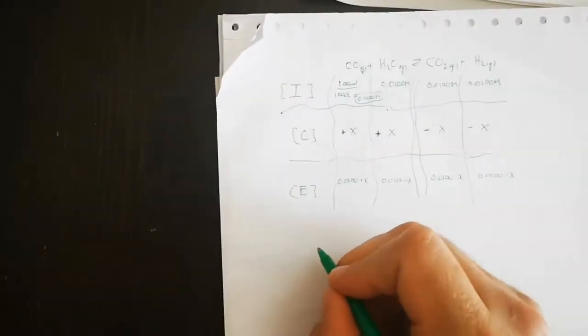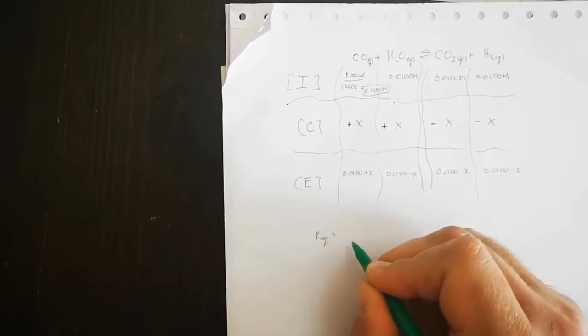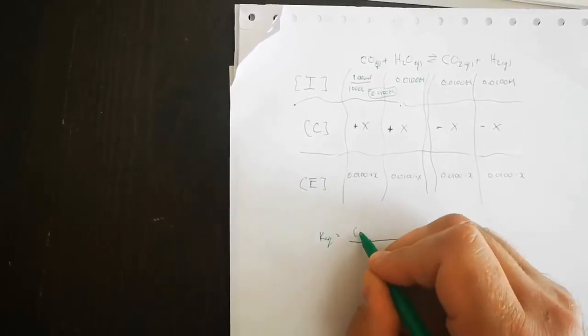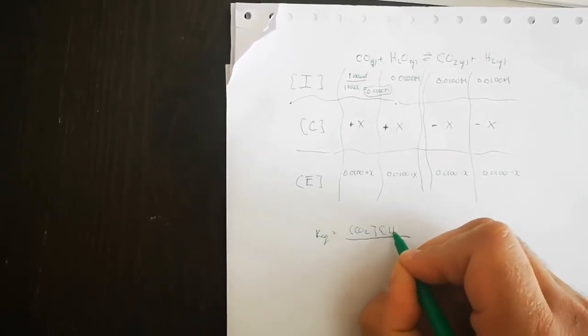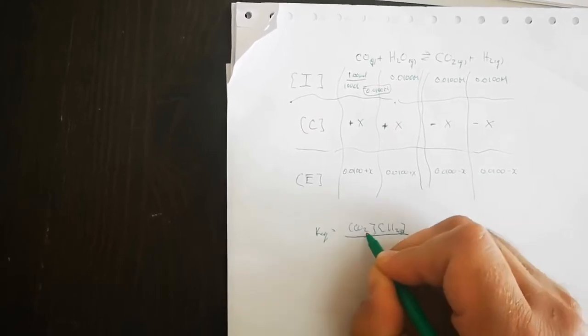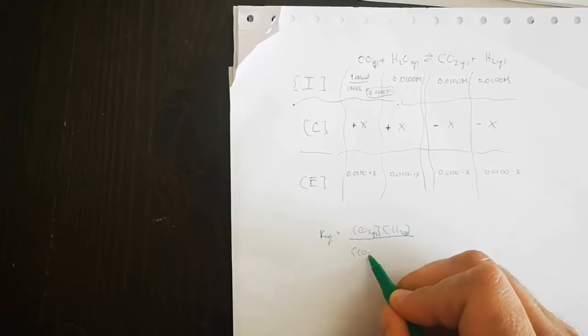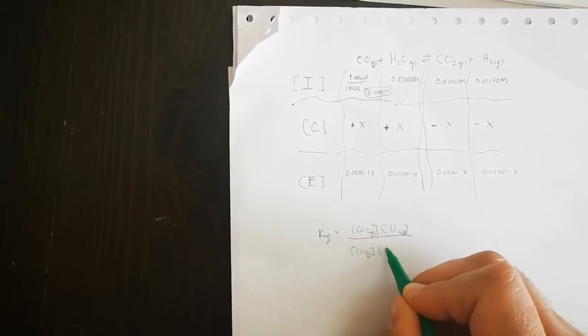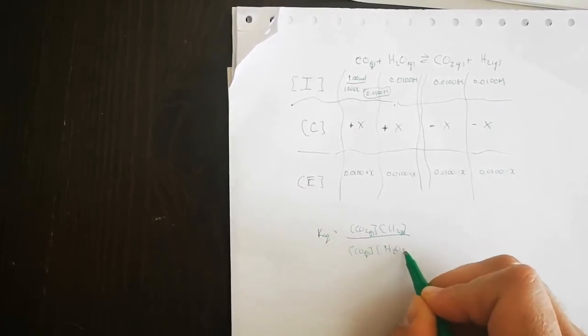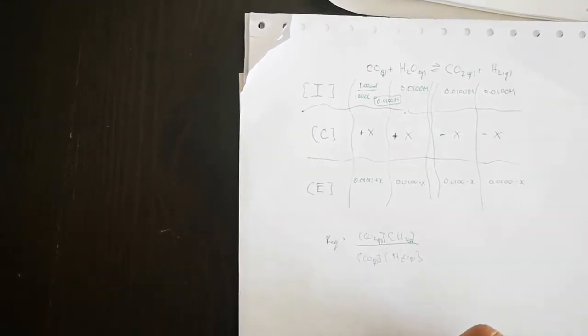Now, KEQ is equal to the concentration of CO2 times the concentration of H2, these are all gases, divided by the concentration of CO gas and the concentration of H2O gas, water vapor. Now we know what some of these values are. We know KEQ is 0.400.